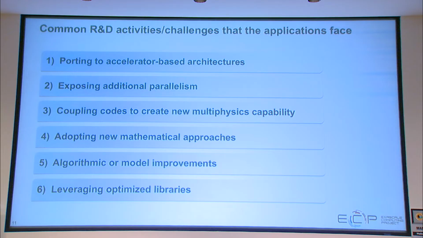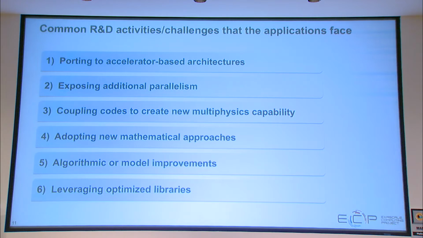So some of the common activities and challenges that have come up for the applications teams in their development of these areas is porting to these accelerator-based architectures. GPUs in particular is the current generation that they're focusing on. Exposing additional parallelism in the algorithms so that they can keep up with the amount of parallelism that's available on the machines of today.